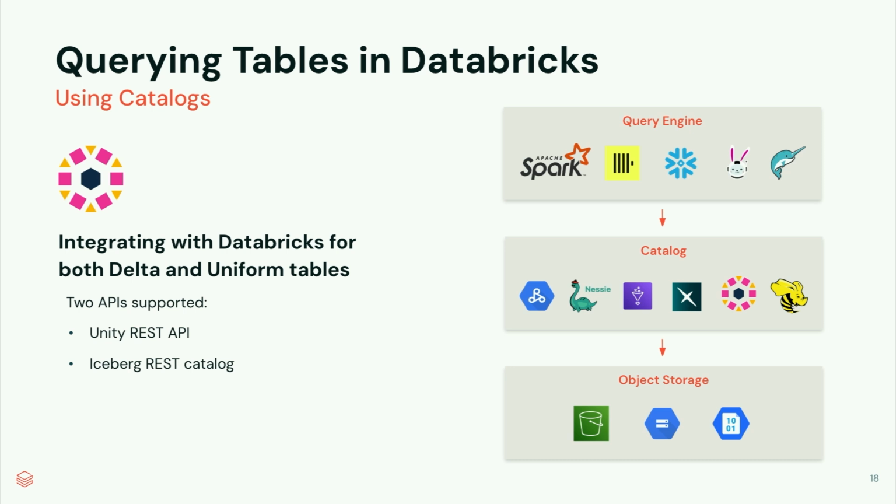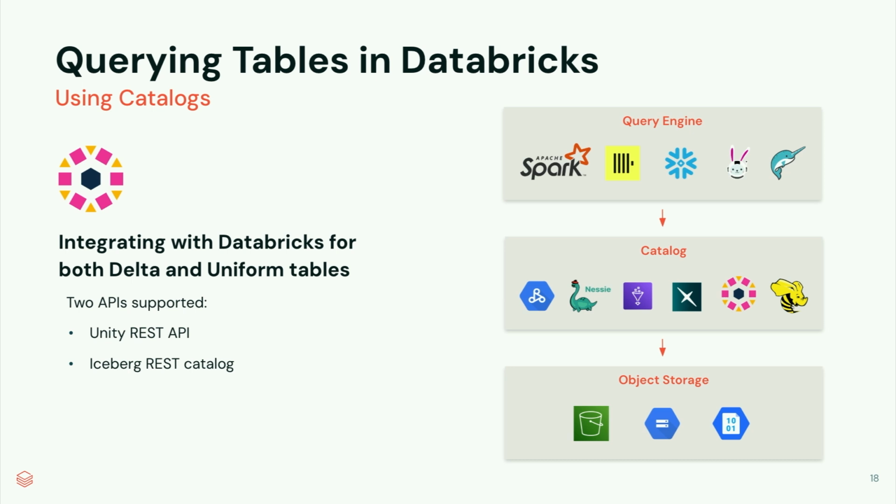So it helps us with exploring your data directly from ClickHouse or any query engine that can integrate with the Unity REST specification. And the good thing is that Unity is open source now, so the specifications are also open source, and it makes it much easier for any query engine to integrate with the Delta table or uniform table.